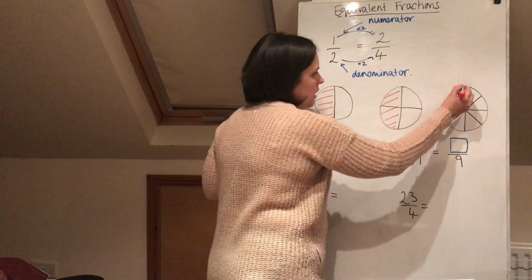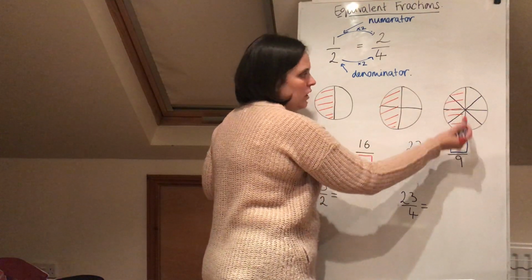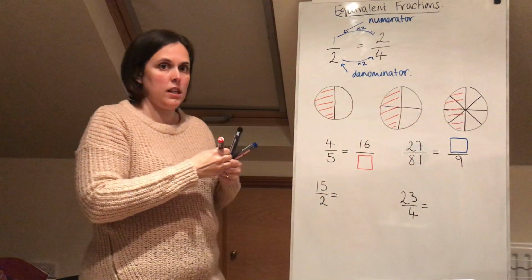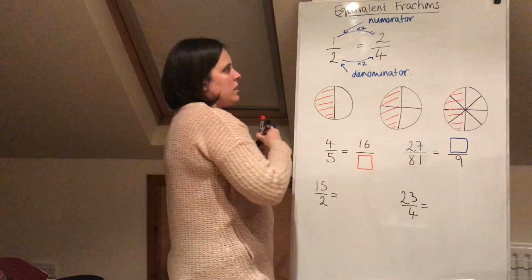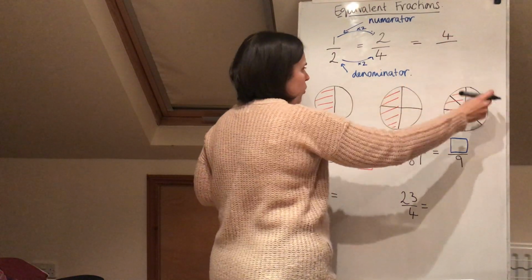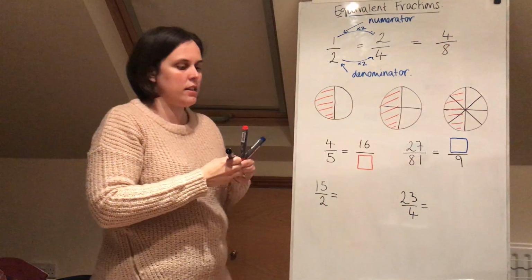Well, if you look at it, I want this bit shaded here. So I shade the same section. I've got 1, 2, 3, 4 of those sections shaded. So that means that my equivalent fraction is 4 out of the total, which is 8, 4/8.